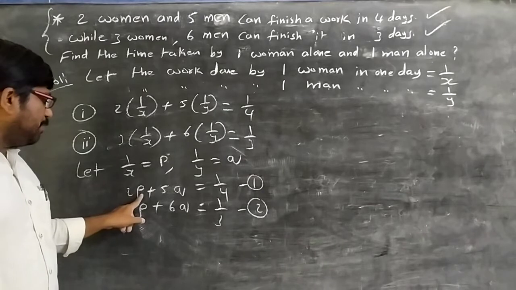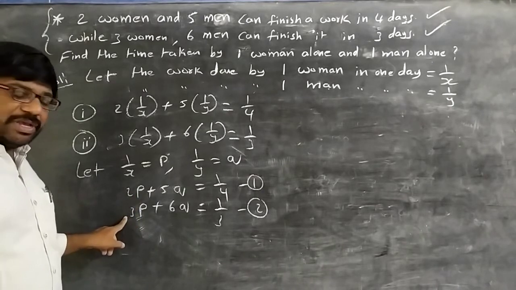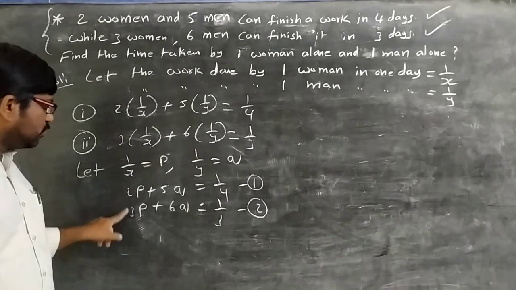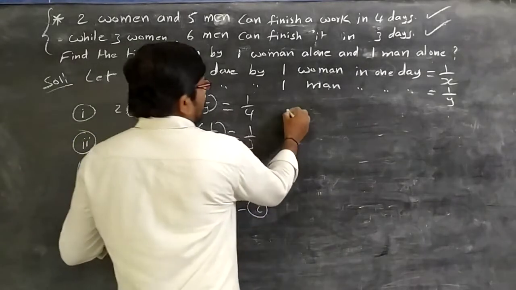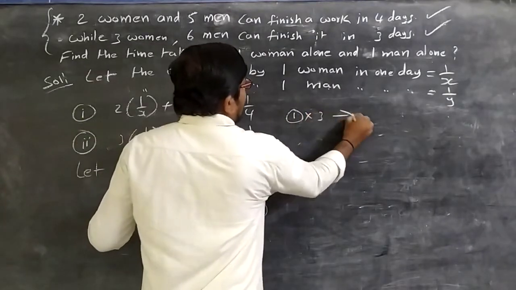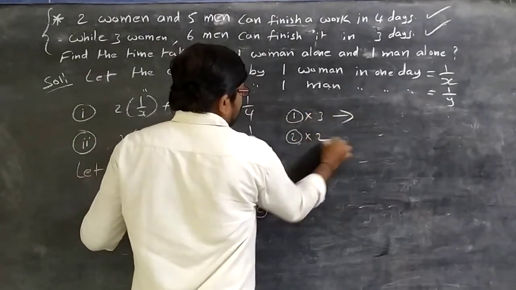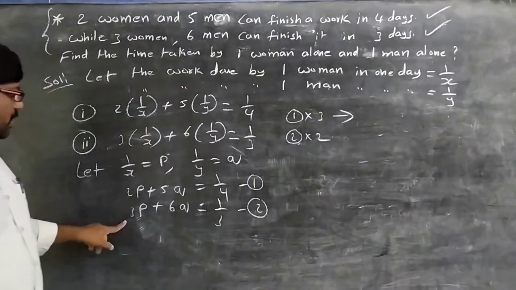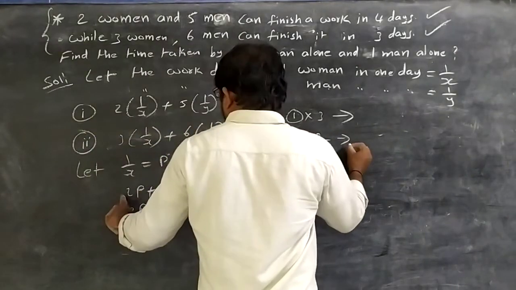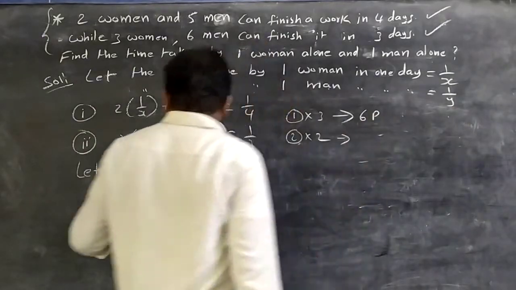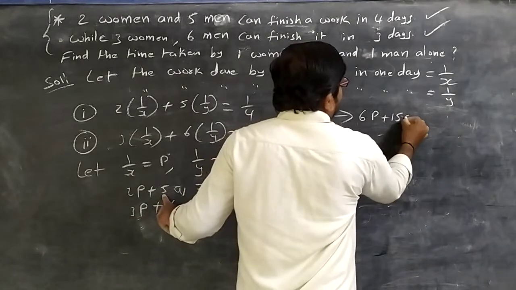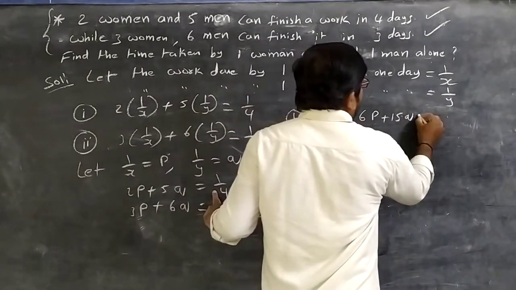See, here the coefficient of p is 2, here it is 3. Now multiply equation 1 with 3 and equation 2 with 2. Equation 1 multiplied with 3: 3 2s are 6p plus 3 5s are 15q is equal to 3 by 4.